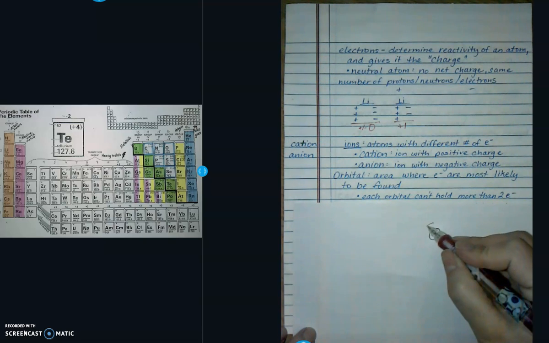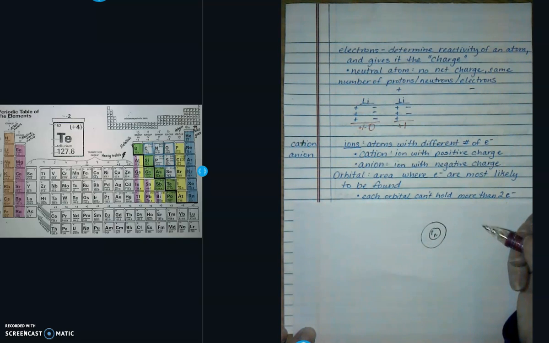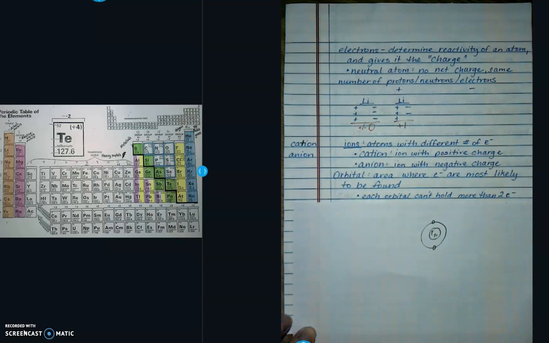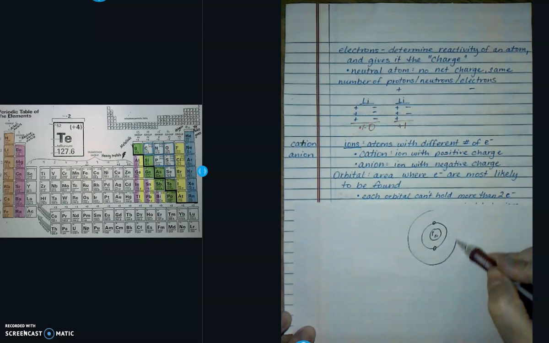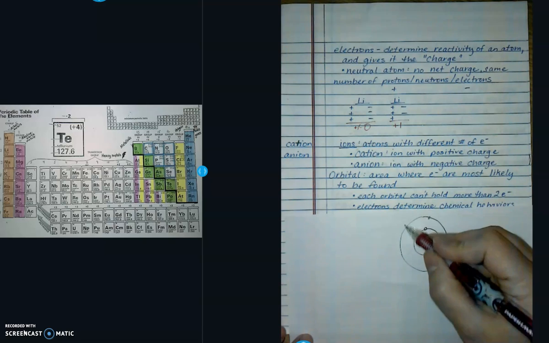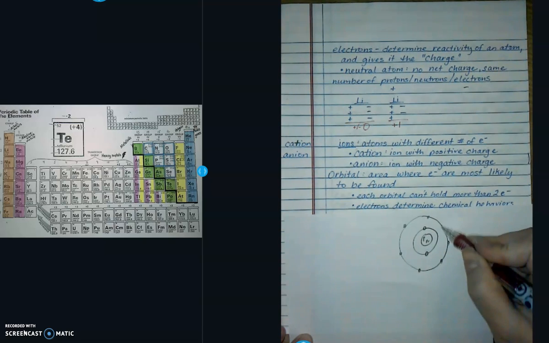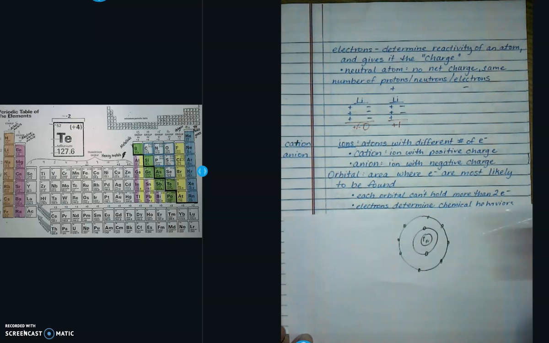Then we have this first shell or cloud, and it can only hold 2 electrons. That's how small it is. The next shell can hold up to 8, and we call that the octet rule. Now that's not saying that all atoms are going to have 8, but it can hold up to 8.